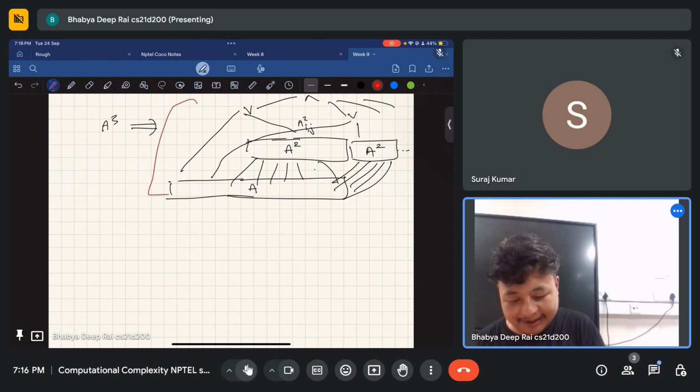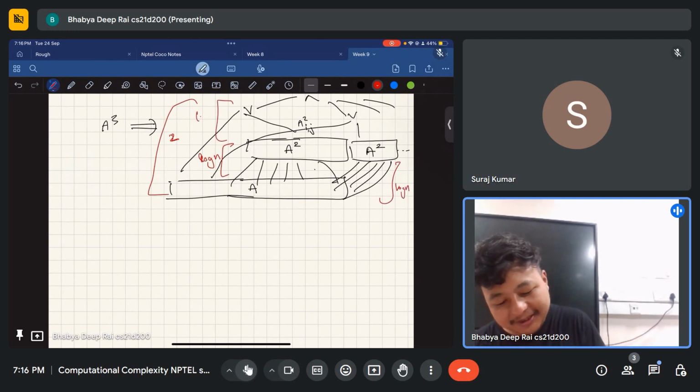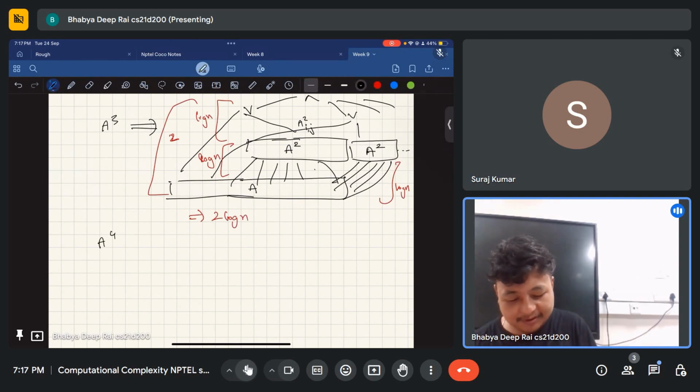Now if I do a to the 4, this has increased, so the depth has become 2. Which means since this will take log n depth, this guy on converting it into bounded, I will take log n depth, and this guy will take log n depth. So this means 2 log n, and then I do a cube, a to the 4.